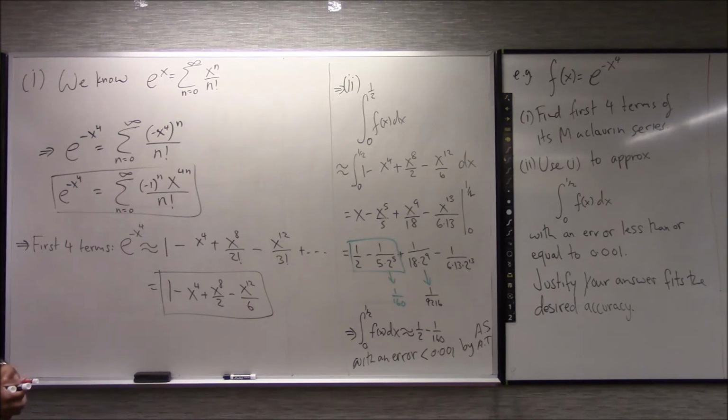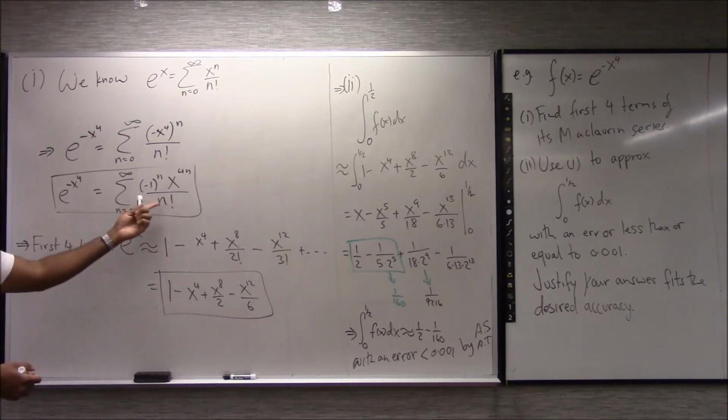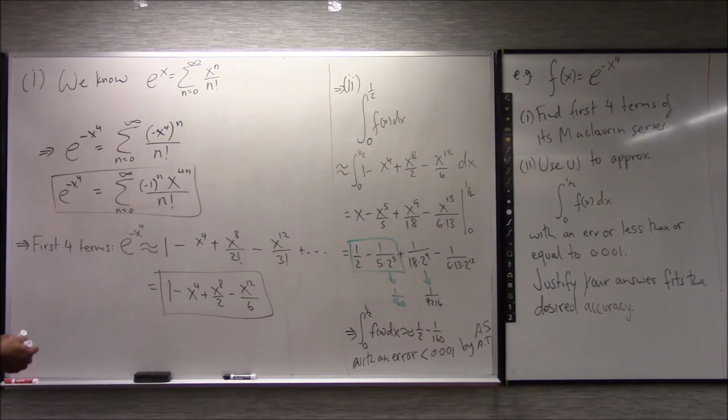Okay. Right, so the idea is you integrate this. If you look at the integral of e to the minus x to the fourth, in general, you'd have minus 1 to the n, x to the 4n plus 1 over 4n plus 1 times n factorial.